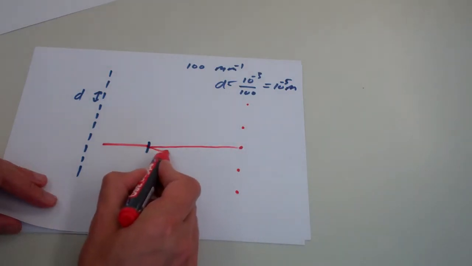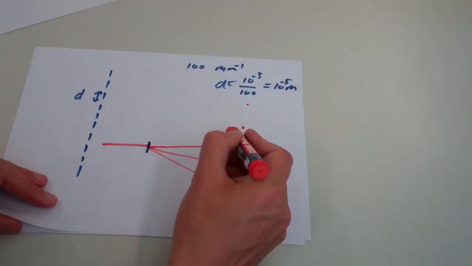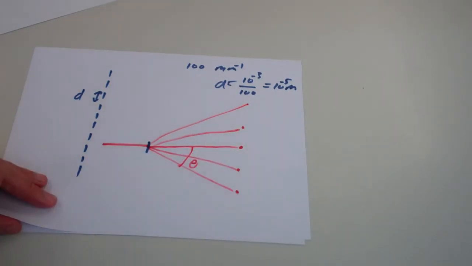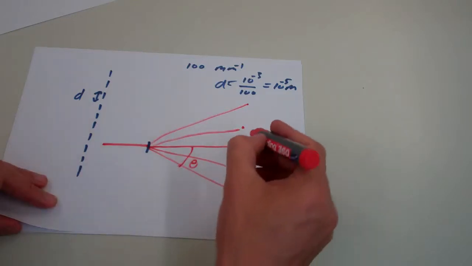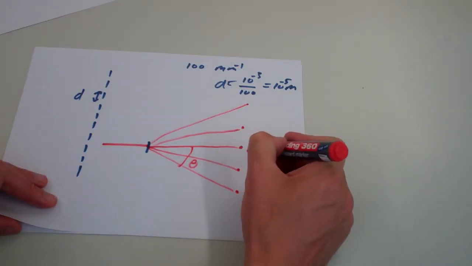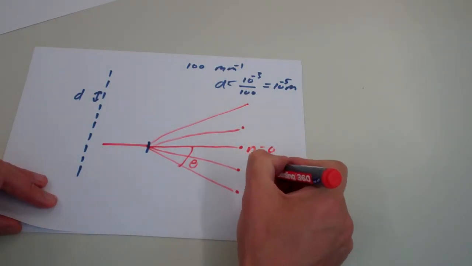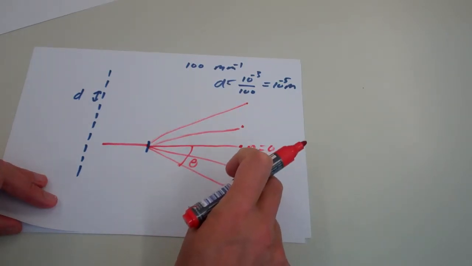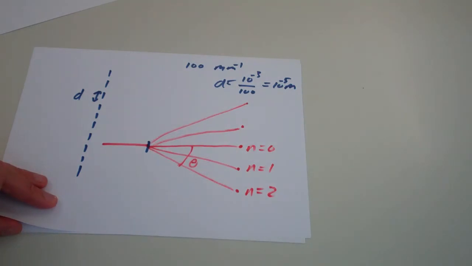If you imagine the rays going to these spots, we now use an angle theta to that spot, and we define these spots as orders. So this is the 0th order, 1st order and 2nd order. And we'll see later that n represents the number of wavelengths path difference between adjacent slits.